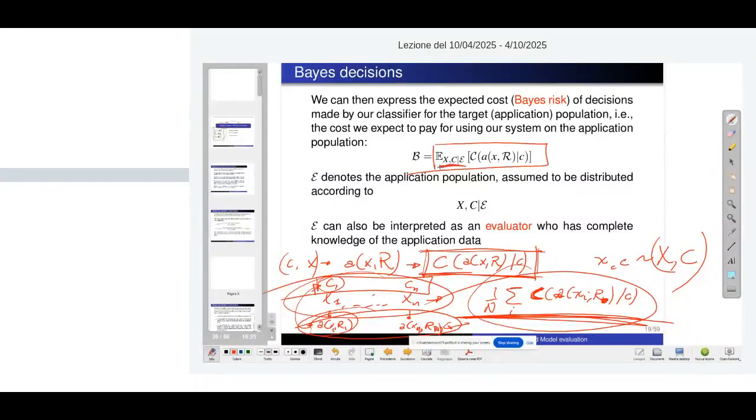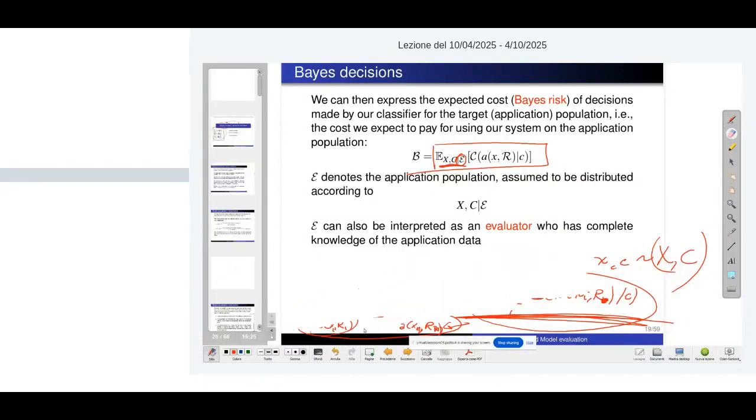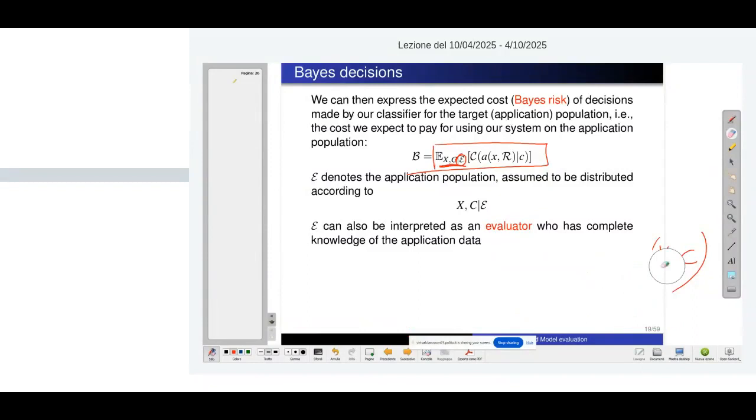Or in general, we call it the evaluation population, E. So sometimes we call it application, sometimes evaluation. When we say evaluation population, we refer to the population that we want to classify. When we refer to an evaluation set, when we use the word set, we mean a specific set of samples. Otherwise, application and evaluation populations are essentially the same thing.